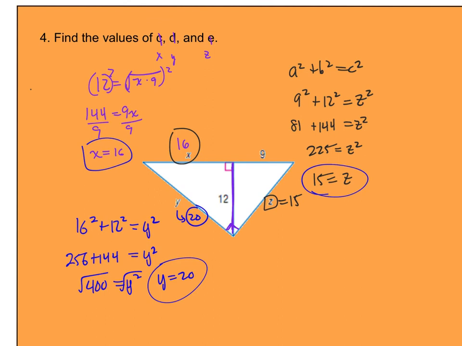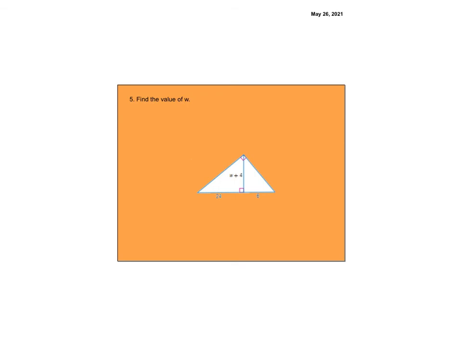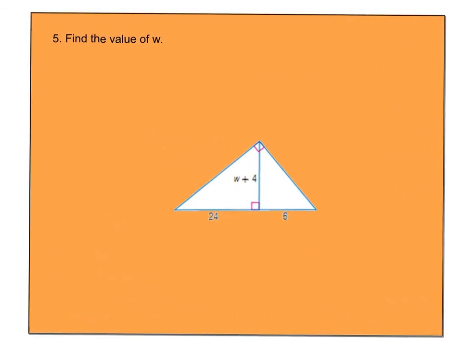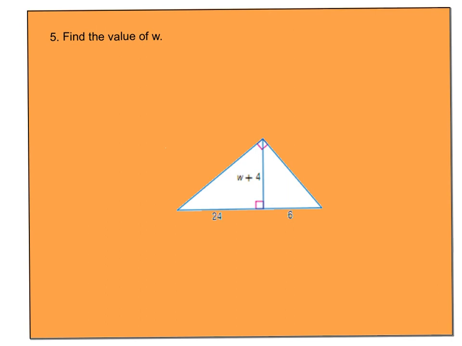Okay, so I can start to get clever. Now, utilizing this idea again, realizing that this is my altitude. If I wanted to be really technical, I could say it's 24 over w plus 4 equals w plus 4 over 6. If you wanted to say w plus 4 equals the square root of 24 times 6, you wouldn't technically be wrong.